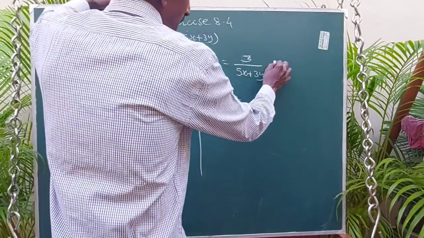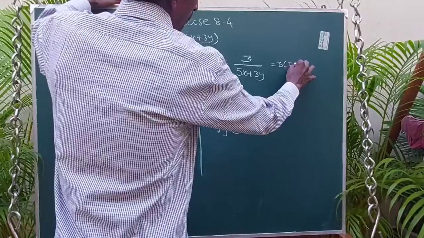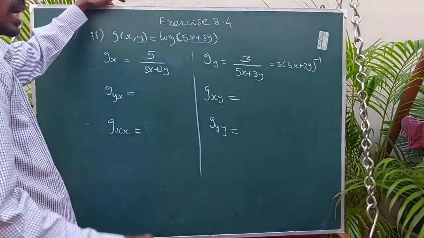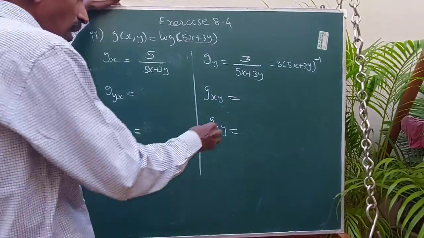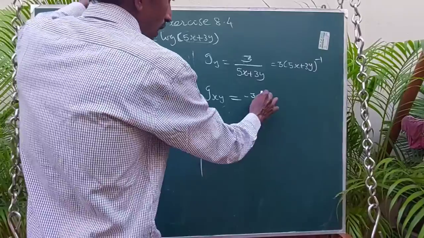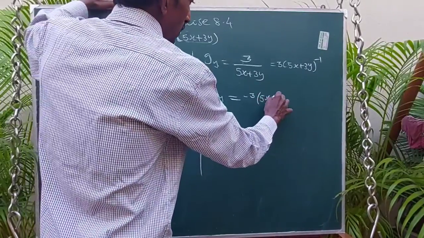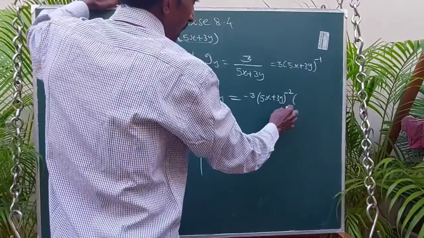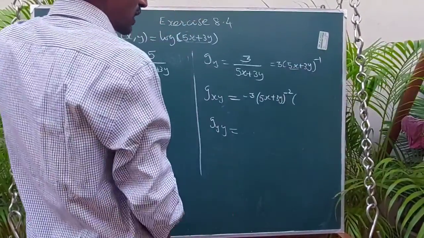So it can be written as 3 into 5x plus 3y whole power minus 1. So apply the n into x power n minus 1 formula. So 3 into minus 1, minus 3, into 5x plus 3y whole power minus 2 into the differentiation of the inner with respect to x, imagine y as constant.